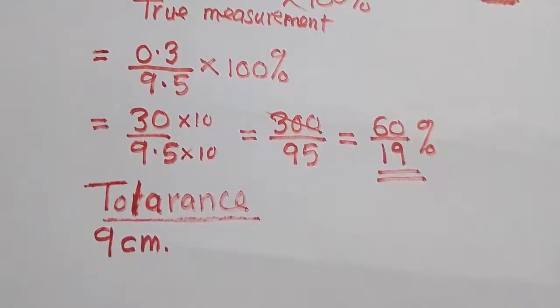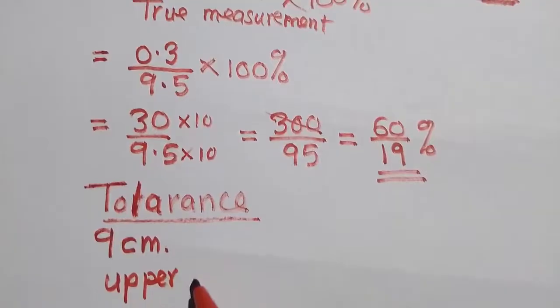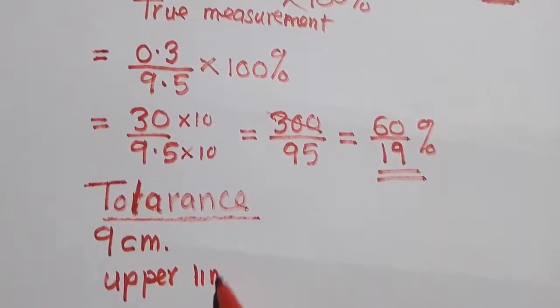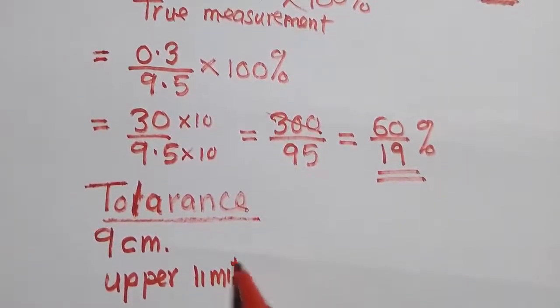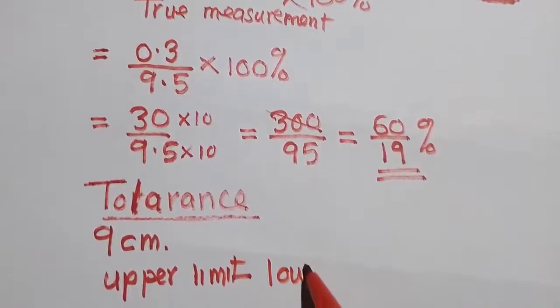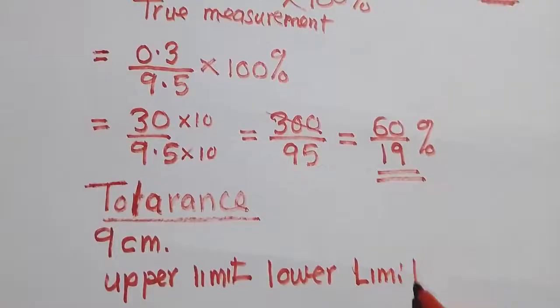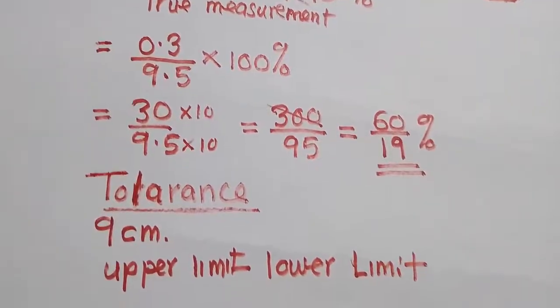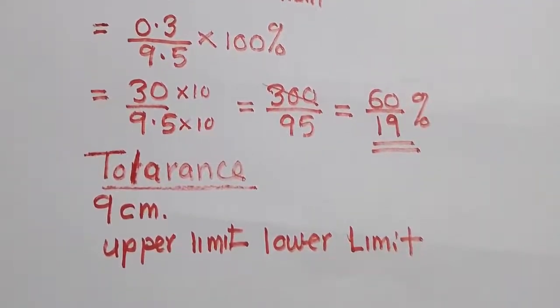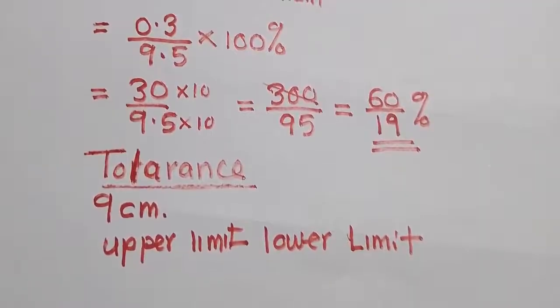You just say upper limit minus lower limit. This is the formula that you get to use. Then you calculate the tolerance. This is what you need to do.